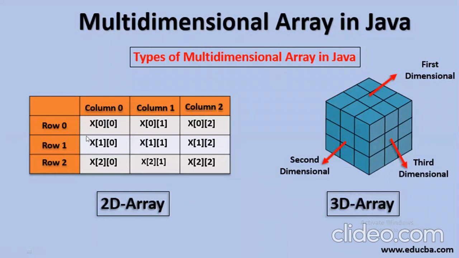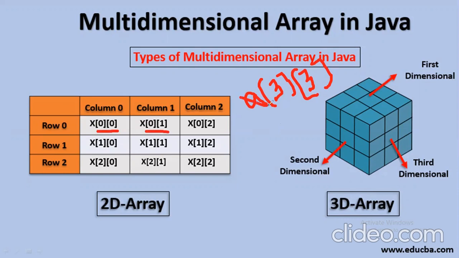So if I have given something called A of 3, 3, it can accommodate a total of 3 into 3, 9 values. Those 9 values can be accommodated in the places A of 0, 0, A of 0, 1.